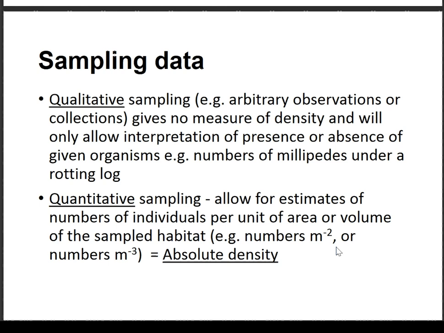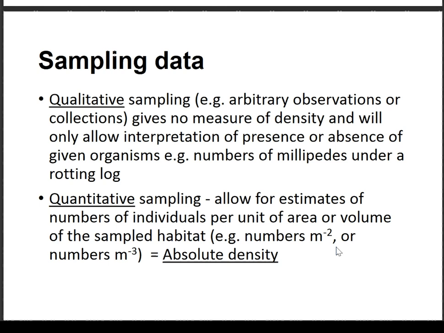All right. So when would you use qualitative and when would you use quantitative sampling? Qualitative sampling, as I said, is mainly used when you want to just look at species presence or absence. And that can be quite useful, okay? If you don't labor yourself with any sort of counting of individuals, okay, you can have a method which allows you to take very quick observations at any one sample point.